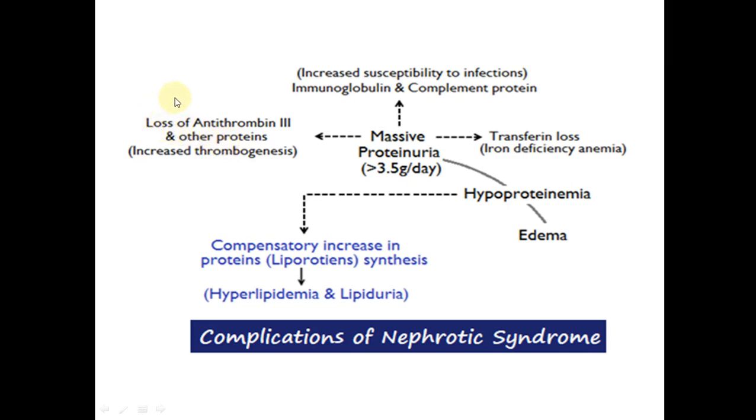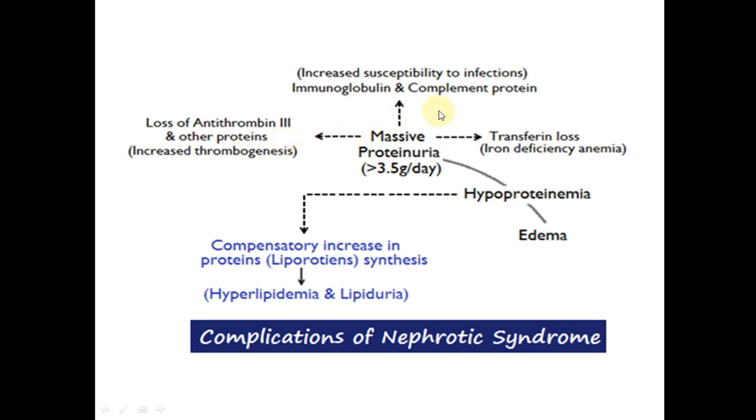Additionally, there are antithrombotic proteins which inhibit the formation of clots in the blood vessels, particularly antithrombin III. So along with other proteins, the loss of these anticoagulant proteins in the urine will also make the person vulnerable and more exposed to the formation of thrombi and clots.